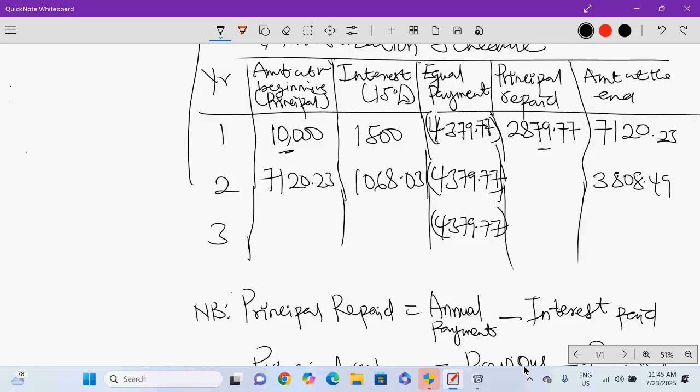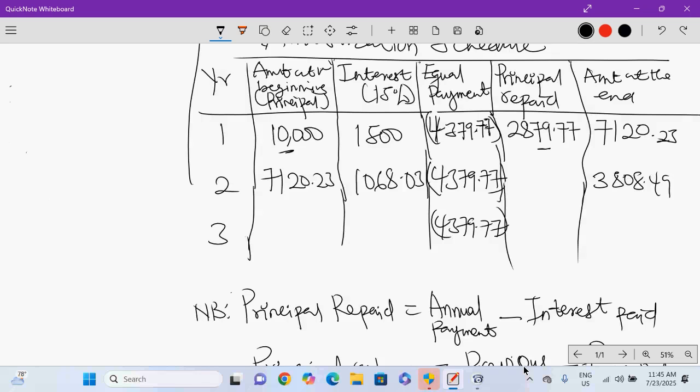But if you want to get the principal repeat, what is the formula? It's the annual payment, 4,379.77, minus 1,068.03.